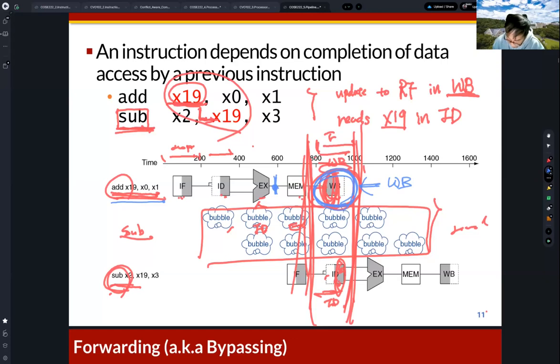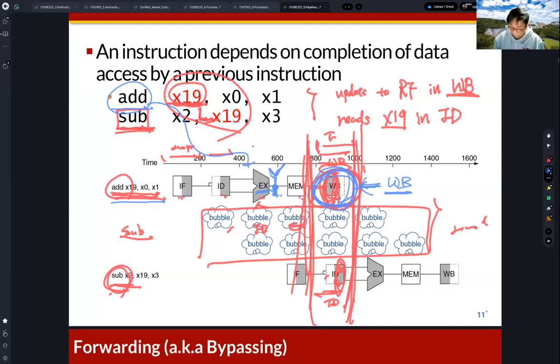Because the result of the add instruction is calculated by the ALU, at this time we can get the result, right? This result is stored in the write back stage, but the processor already has the result.